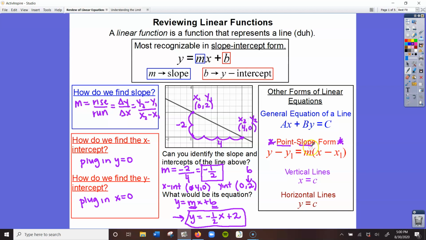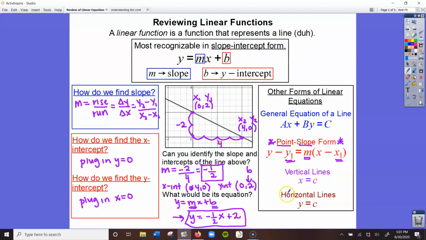Just like slope-intercept form requires the slope and the intercept, point-slope form means you need a point and a slope. Slope is always m. Then our point would be here, the y1 and the x1. This is where you would plug in your point, whereas you would leave the y and the x all by itself.